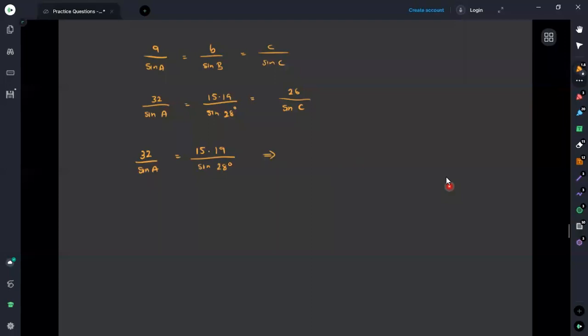Once we cross multiply and make sine A the subject, sine A is equal to 32 times sine 28 divided by 15.19. Then we'll get the value for sine A.